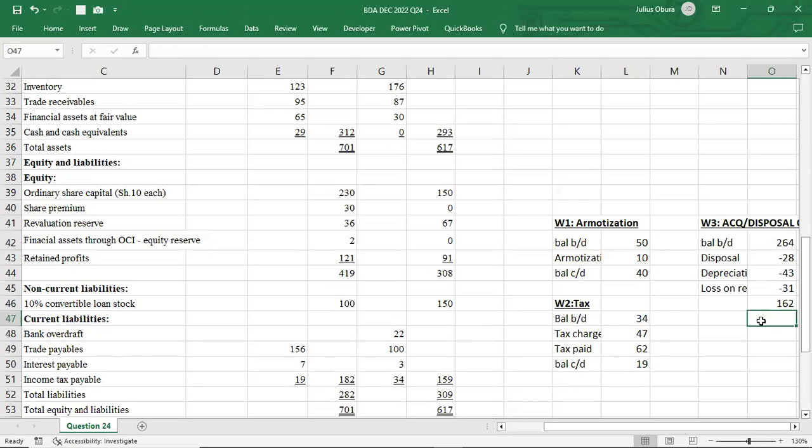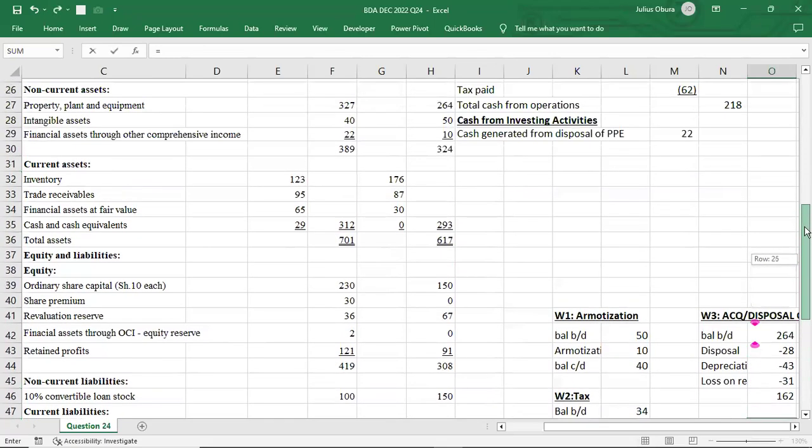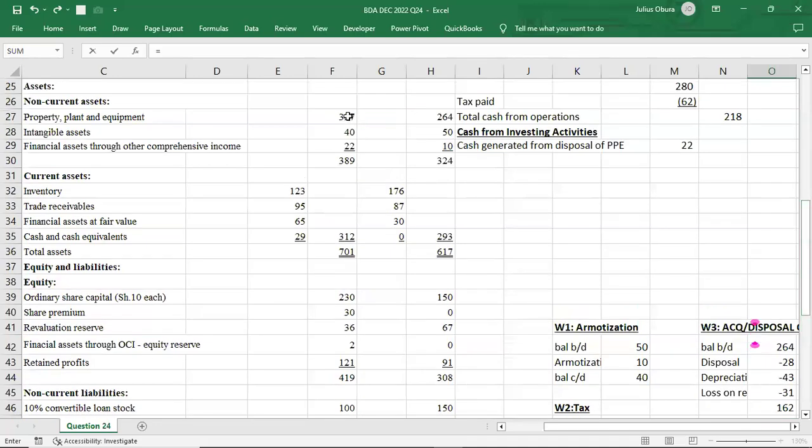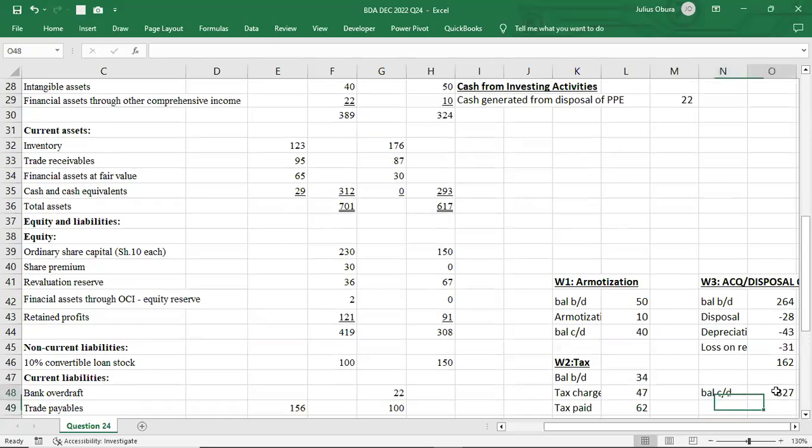Now, let's compare this with our balance carried down. Our balance carried down for PPE is equal to 327. We are supposed to close with 162, but we are closing with 327.